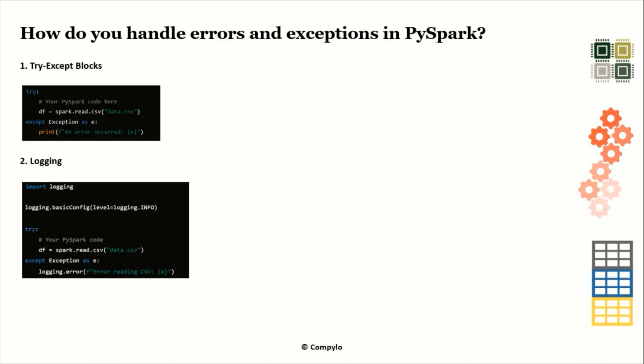Next is logging. As you can see on the screen, we have imported the logging library. Implement logging to capture errors and monitor your application's behavior. We can use Python's built-in logging library to log messages at various levels, and the levels could be info, warning, error. Here we have used logging.error to log our message.